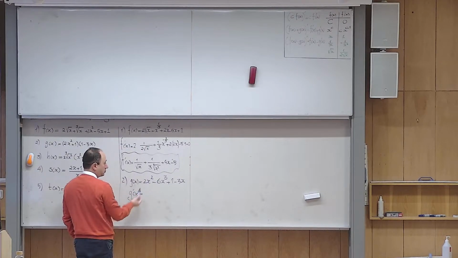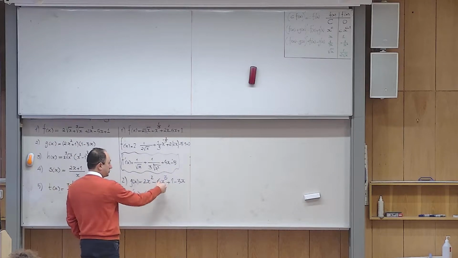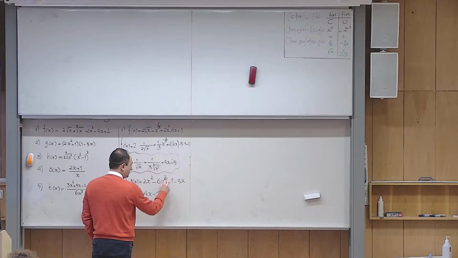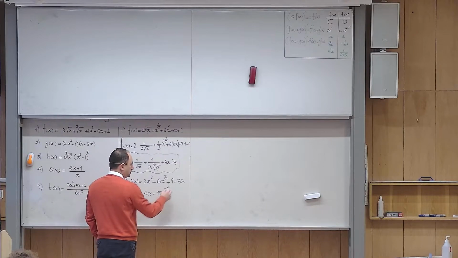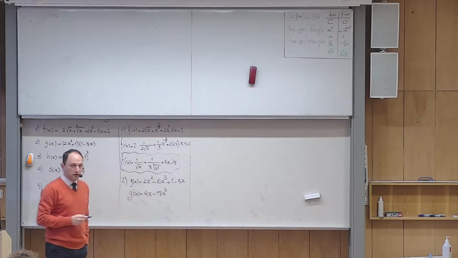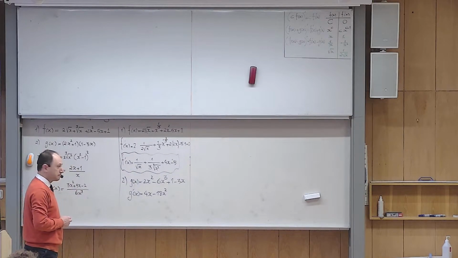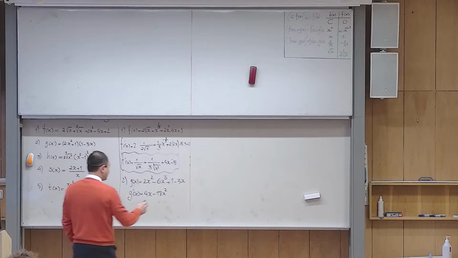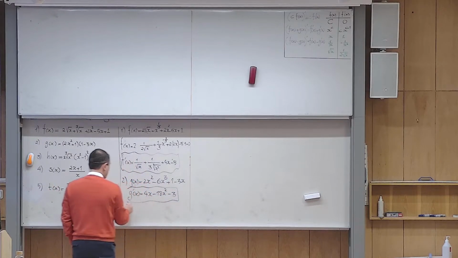So 2 goes down, but it is multiplied by 2, so it becomes 4x to power 1 unit less. 3 goes down, multiplied by 6, becomes 18x to power 1 unit less. The derivative of 1 is 0, and the derivative of minus 3x is what? What is the derivative of minus 3x? Minus 3. So that is the answer to this problem.